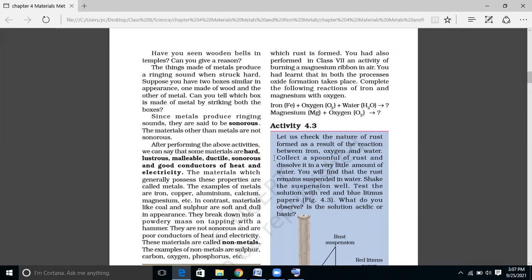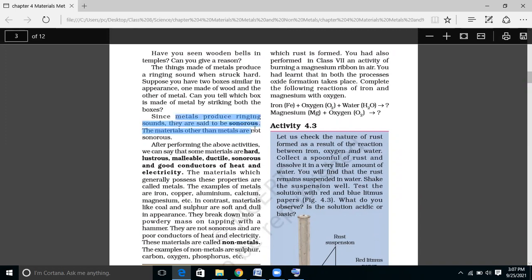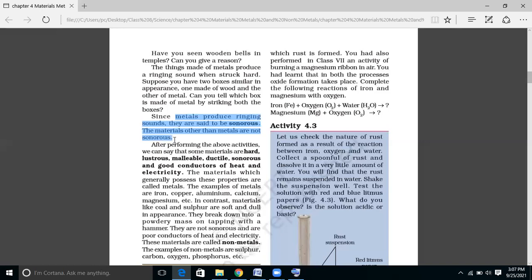So why are we able to hear when we hit a metal? That is because metals have the property to produce ringing sound, and that property is what we call sonorous. So we can conclude that metals are sonorous, and the materials other than metals are non-sonorous.